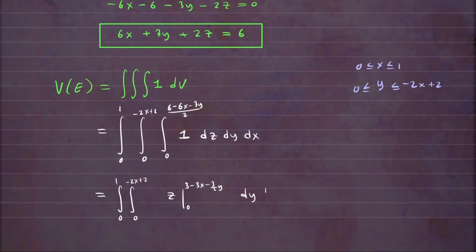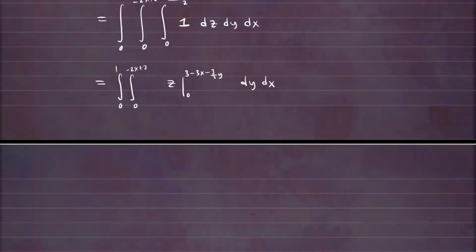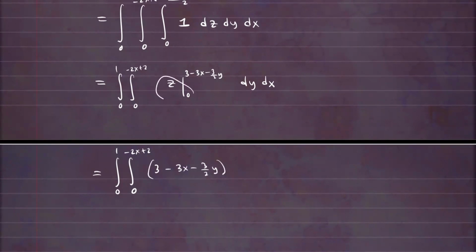And then we still have to integrate with respect to y and x. So let's plug in the upper limit of integration. You get 3 minus 3x minus 3 over 2 y. When you plug in the lower limit for z, you're going to get 0, so we don't really need that. We can just write dy dx.